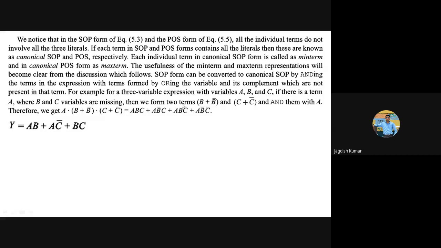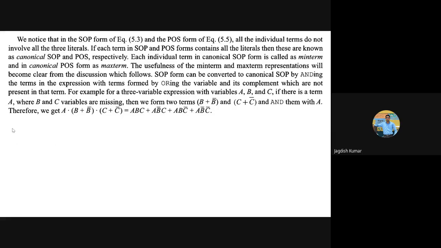To this term a, b and c are not existing. So what we do is we take b or b bar and c or c bar, and this is what we're doing: a and b or b bar, and c or c bar.